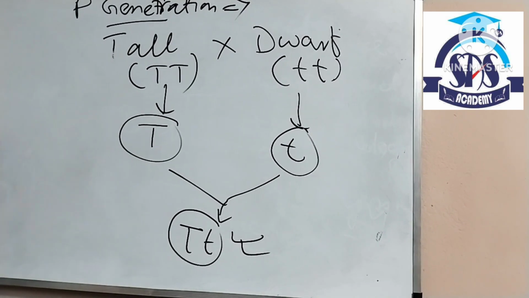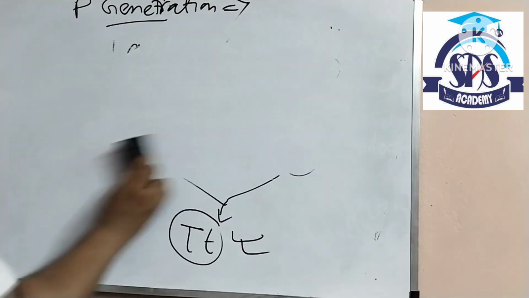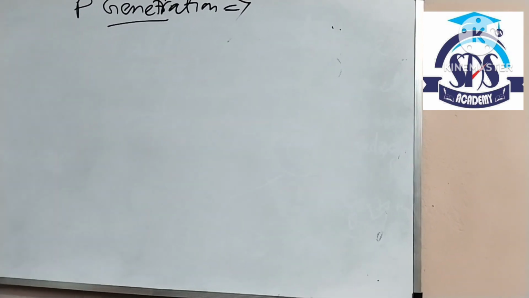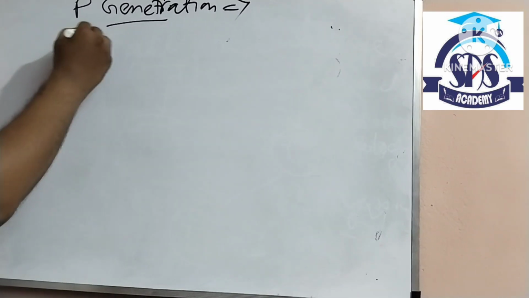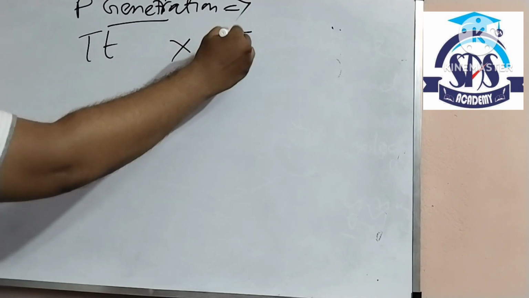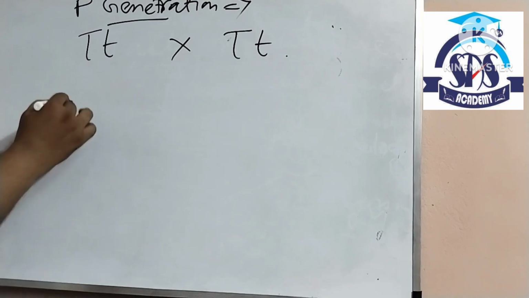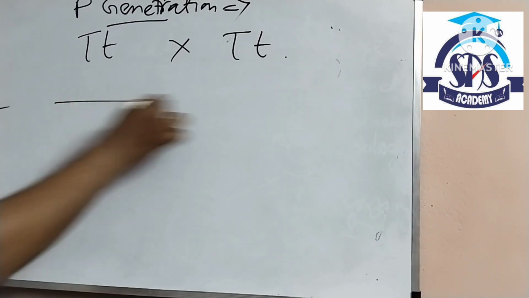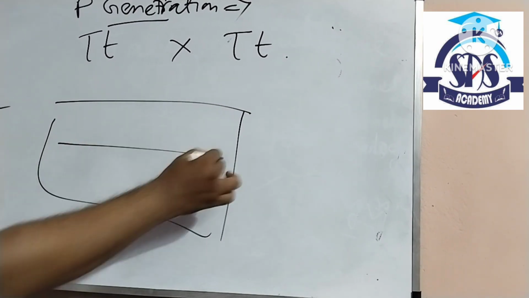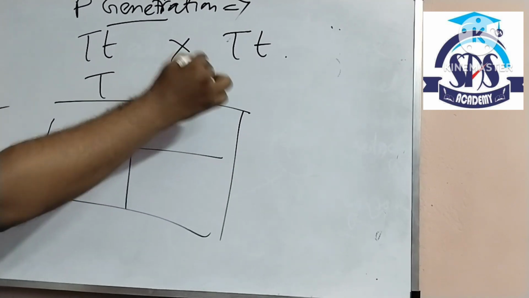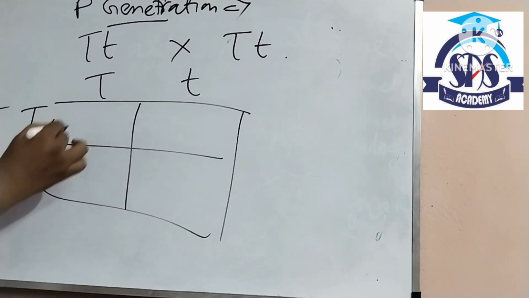Then Mendel crossed these two hybrid tall pea plants, capital T, small t, capital T, small t. And then in the F2, second filial generation, two types of gametes are produced, capital T, small t, capital T, small t.